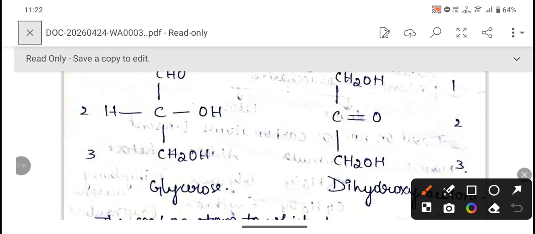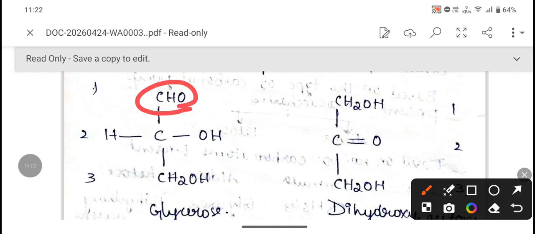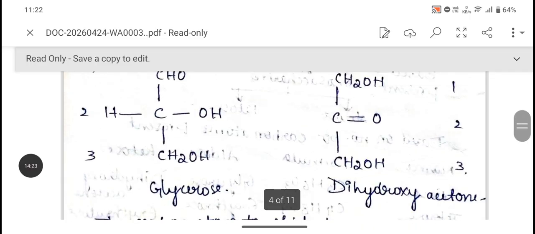This is the structure of glycerose. If you observe the structure carefully, it has the aldehyde group in its structure, so it is known as glycerose or glyceraldehyde. You can name it glyceraldehyde as well. When you observe the dihydroxyacetone structure, it has the ketone group.